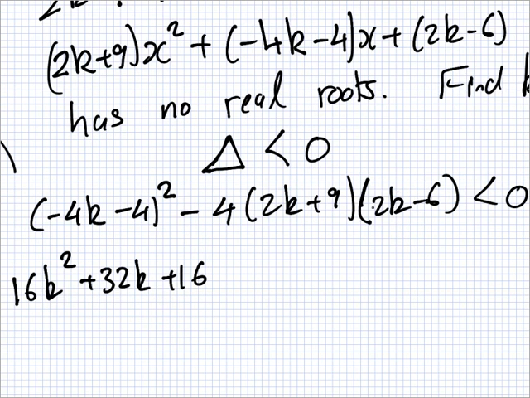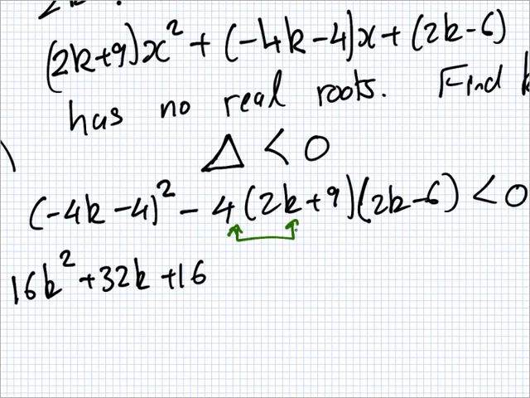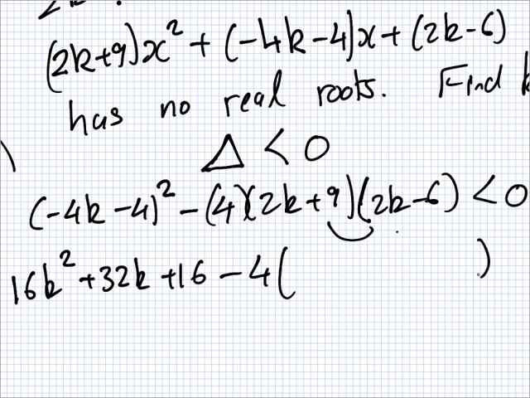Okay, now, next we have a choice. We can either multiply these first and then multiply by 4, or we can multiply these first and then multiply that answer by this one. It doesn't matter which way around you do it. I think what I'll do is I'll multiply these guys first, and I'll put the 4 in afterwards.